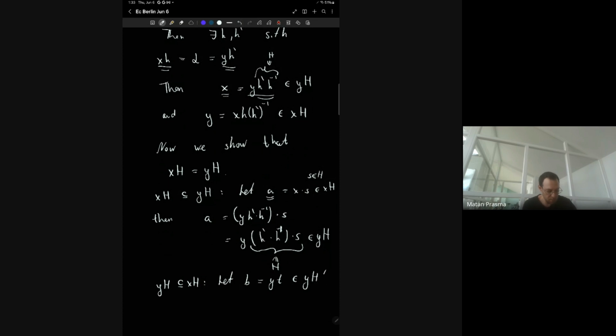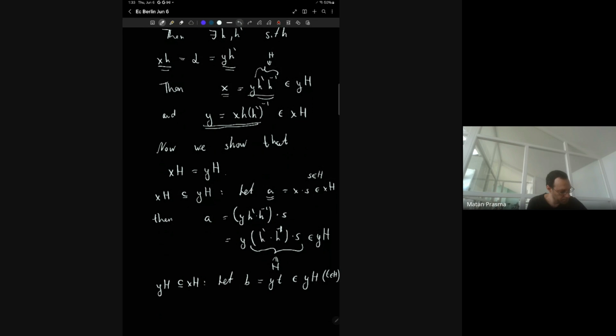Right? So I really mean that t is an element in H. And I have a formula for y here. So I plug in this formula.